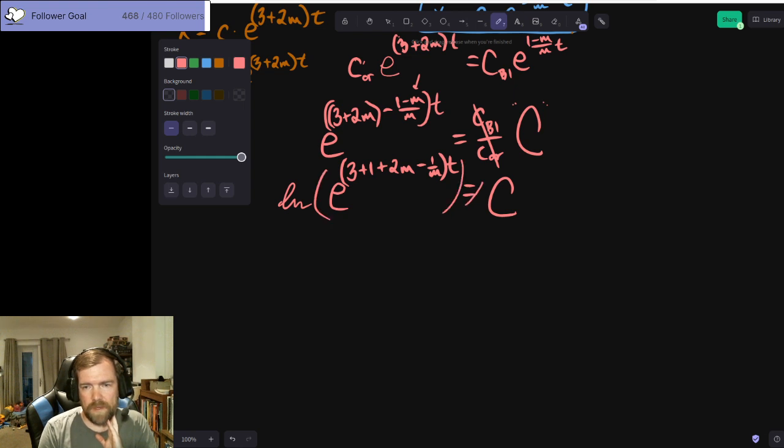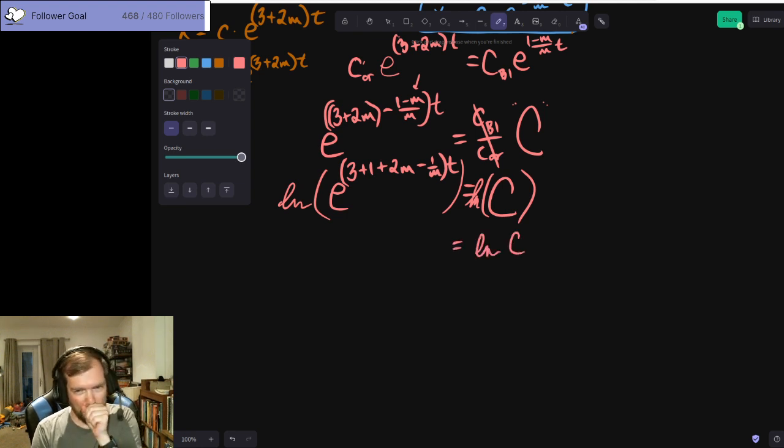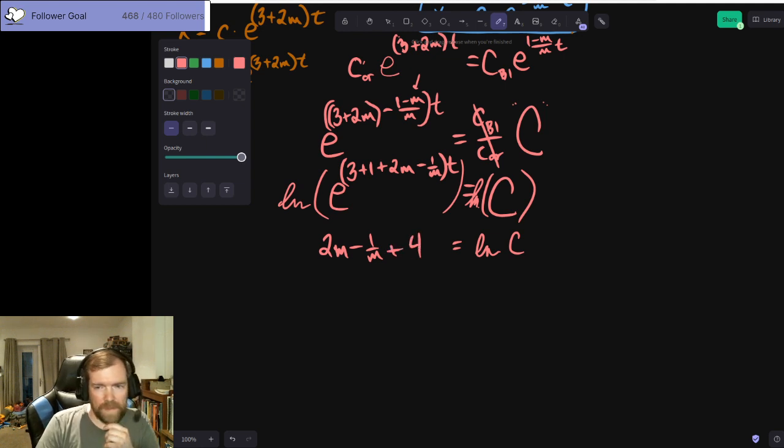To solve that one, take the log, because quite frankly I don't want to deal with that. This is going to be 2m minus 1 over m, plus 4, is equal to natural log of c, which is, again, some constant.